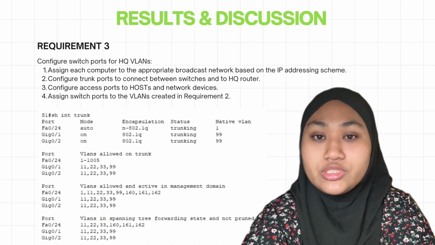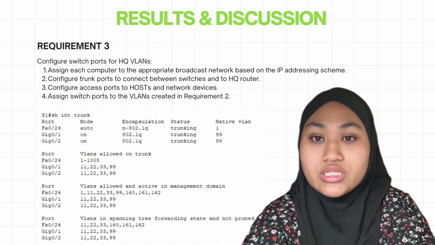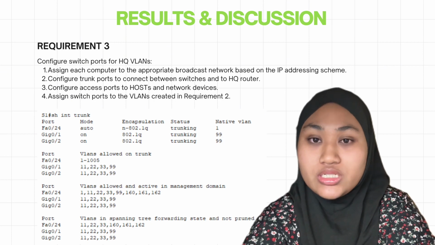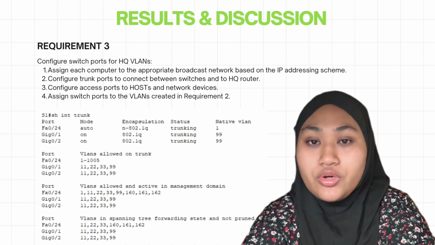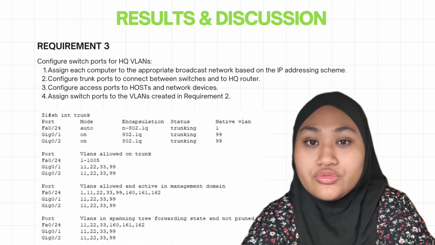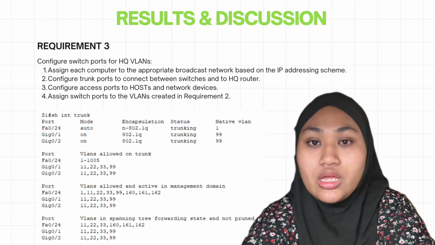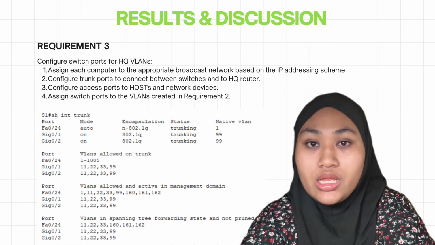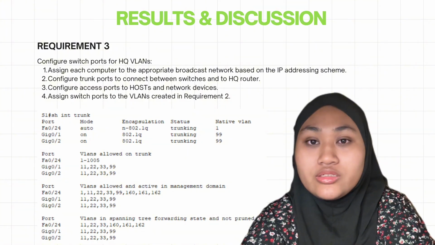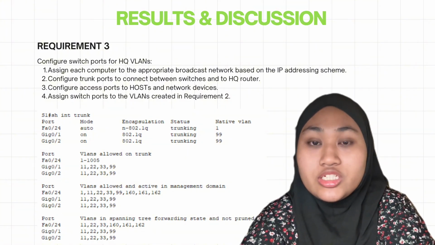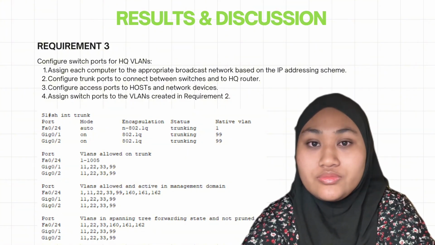Moving on to requirement 3, after creating VLAN, we need to assign each computer to the appropriate broadcast network, configure trunk port to connect switch and HQ, configure access port, and assign switch port. Let's go through step by step. First, click on switch and enter global configuration mode, and then enter specific port with command int followed by port name. Next, switchport mode access and switchport access vlan 11 and exit. This process should be repeated for the others as well.